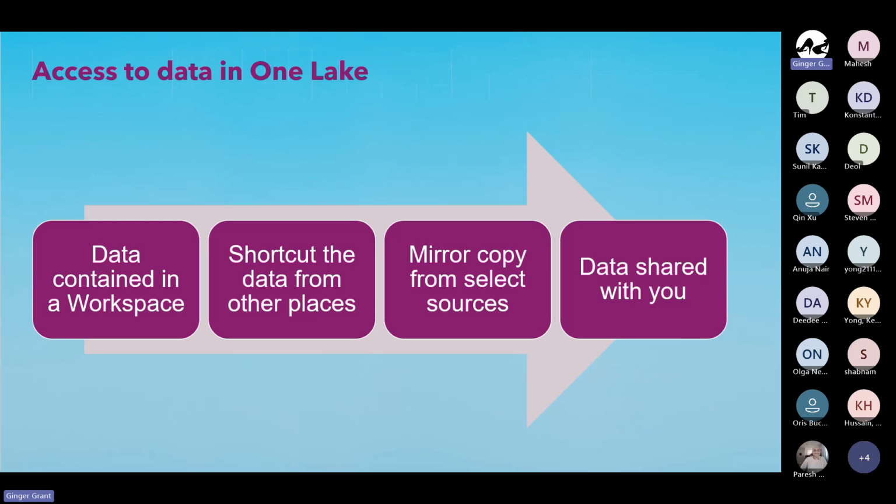If I create a shortcut to it, what I'm doing is creating a link inside of OneLake to where that data lives. That means when that data is updated, I get that updated data, but I don't have to create any copy or pipeline processes to make that happen. I just get it. And you can shortcut your data also if it's in another workspace.